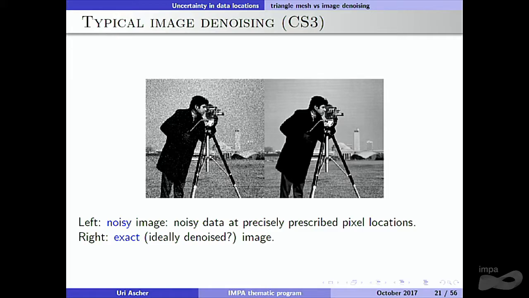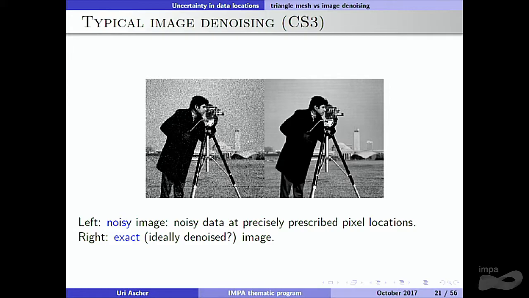And so let's look for a moment at image processing. That's a picture that I believe most people have seen before, very popular. It is a picture with a name. It's called the cameraman. Terrible picture, by the way. It is given to you in a noisy way, and you want to denoise. You want to remove the noise and smooth it, without removing the details.